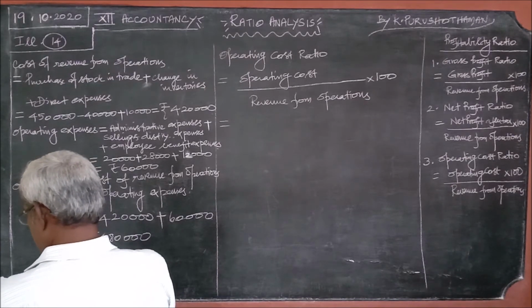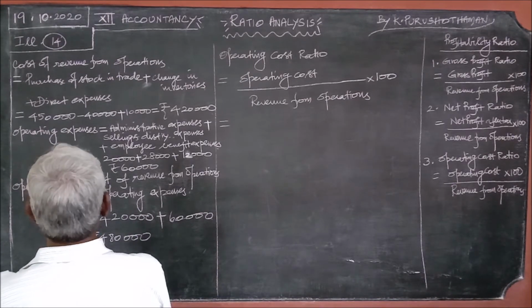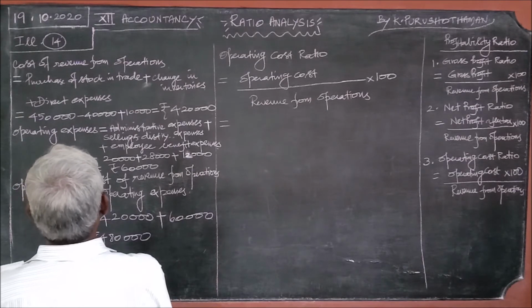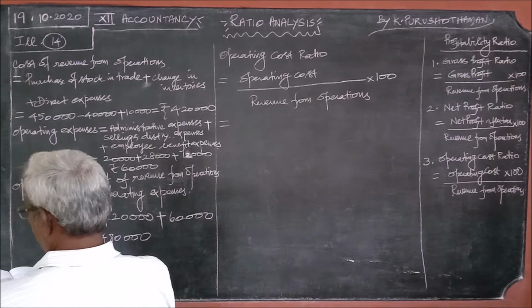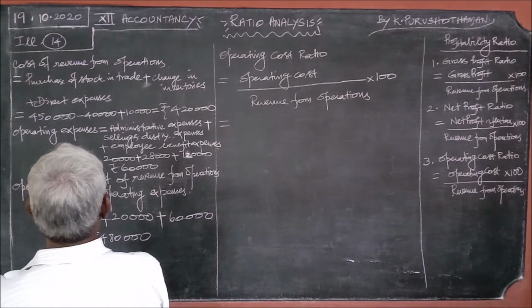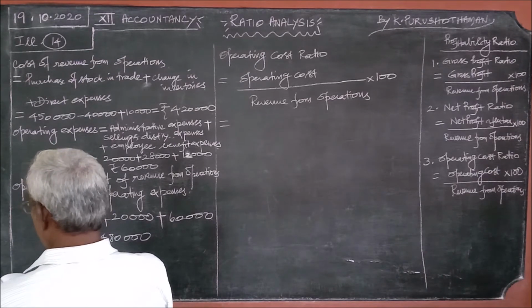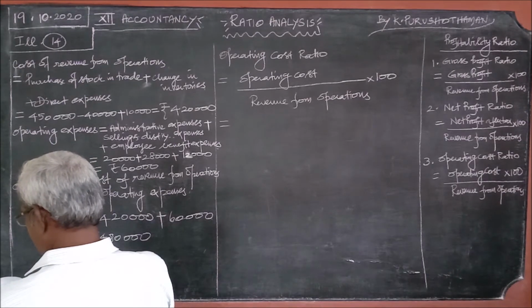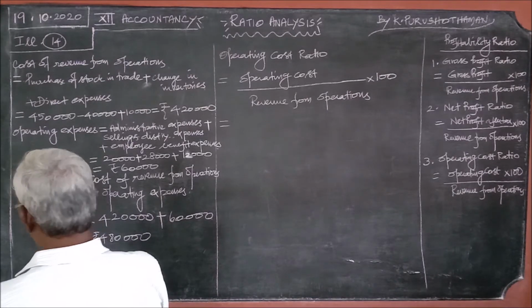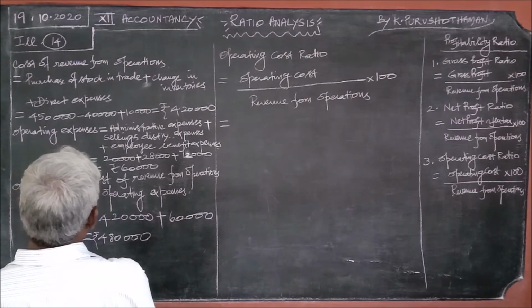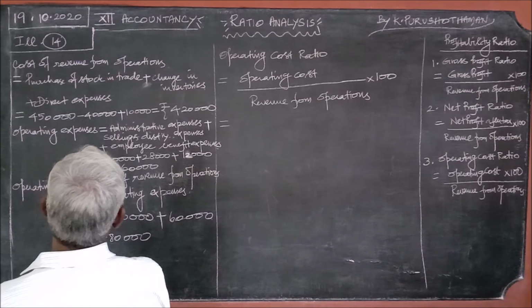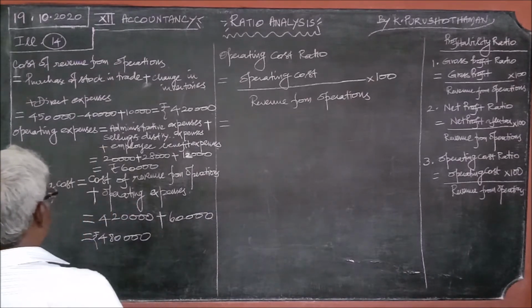So, the operating expenses include administrative expenses, that is given, selling and distribution expenses, that is given, and salaries is also given, that is employee benefit expenses. If you add all the three items together, it comes to 60,000.